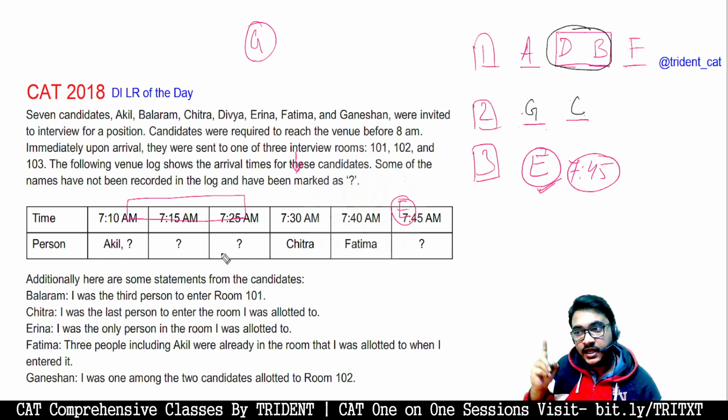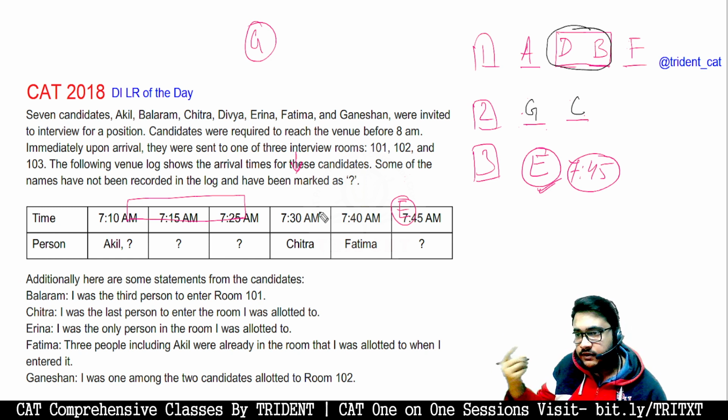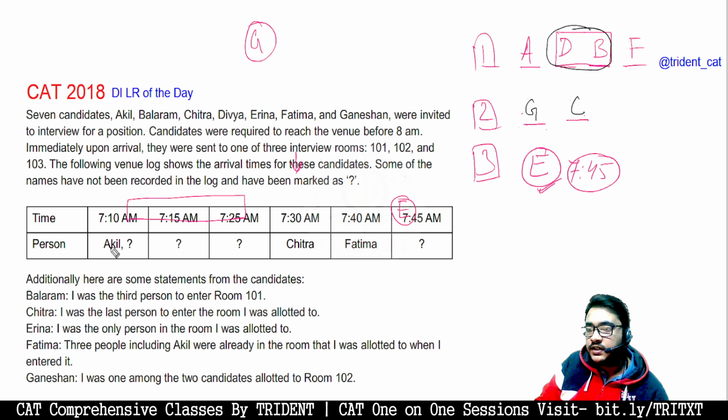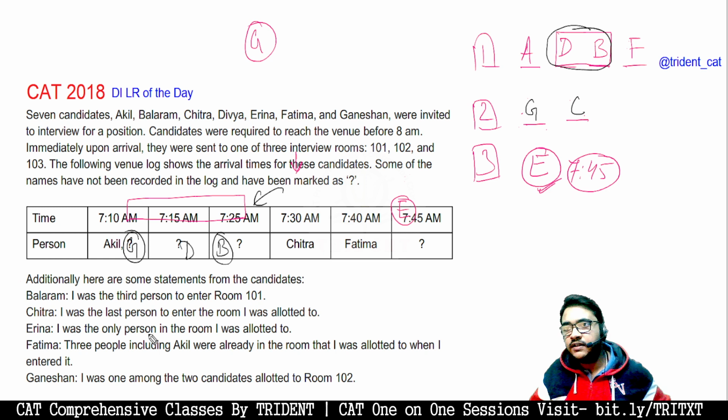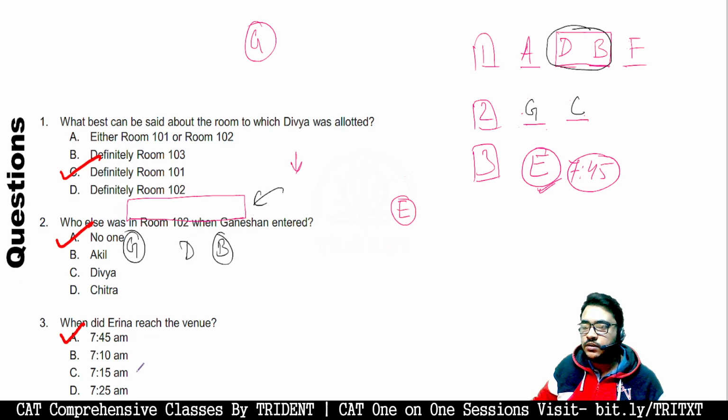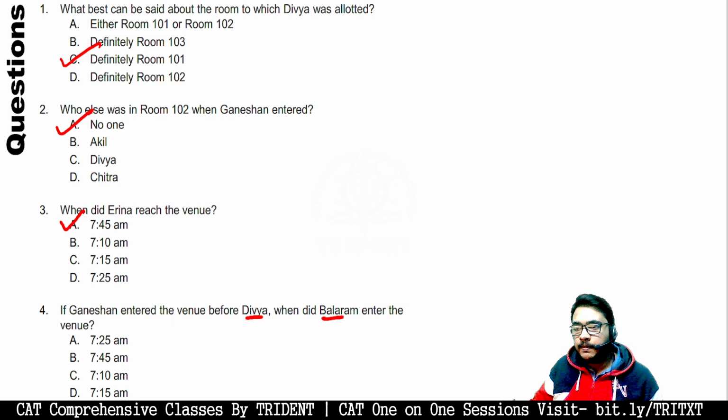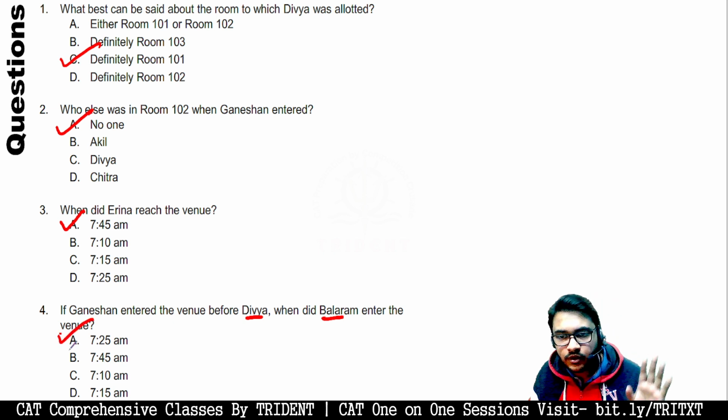Always Balram says this, I was the third person. So if Ganeshan has to come before Divya, Ganeshan can come at this position 7:10 and then Divya and then Balram. So Balram is 7:25. Clear case deduction. Perfect. We've got this one also. So that is 7:25. We've solved the caselet.